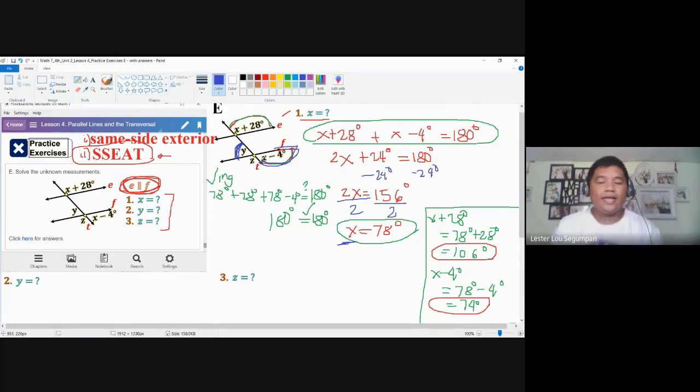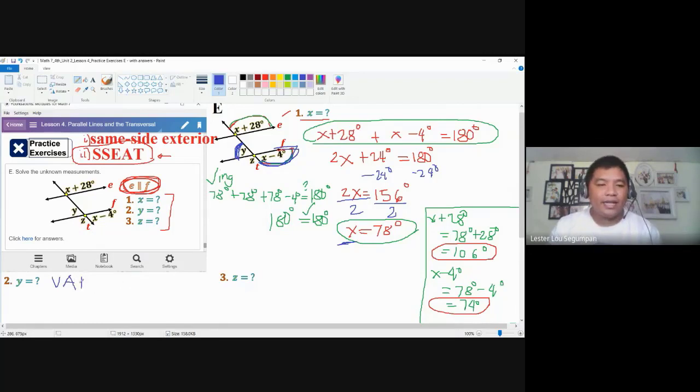So let's talk about the relationship between this angle and the angle here. To understand their relationship, you may use the angle pairs from the previous lessons, specifically the linear pair, the angles forming a linear pair, and the vertical angles rather. For this figure, angle y and this angle which measures x minus 4 degrees are forming vertical angles.